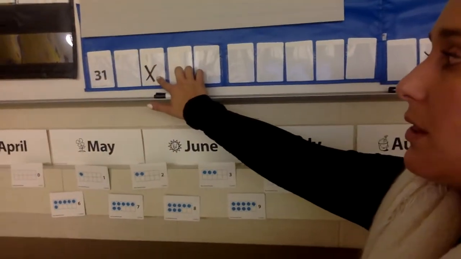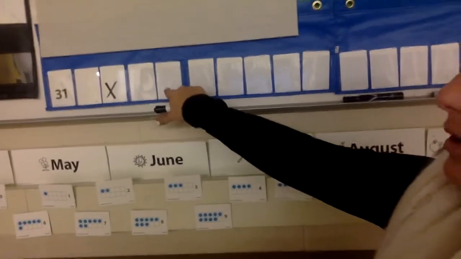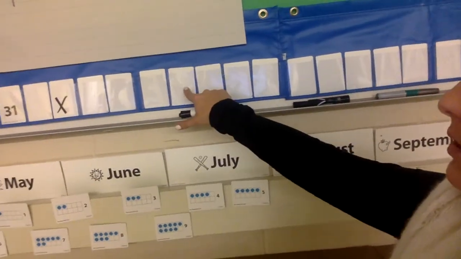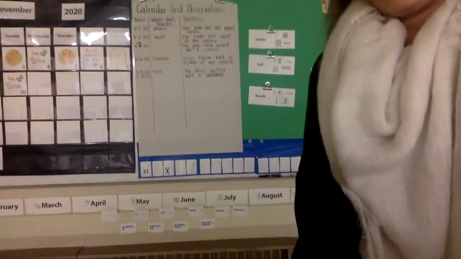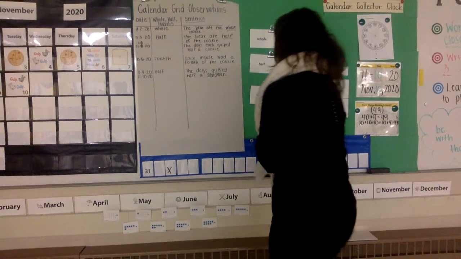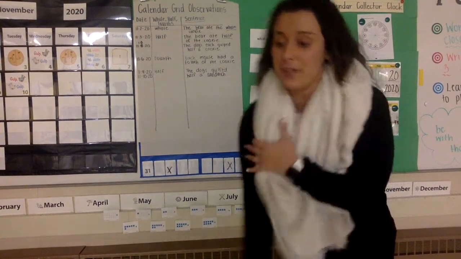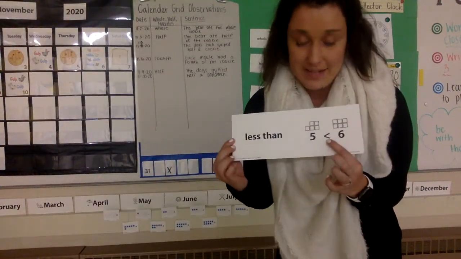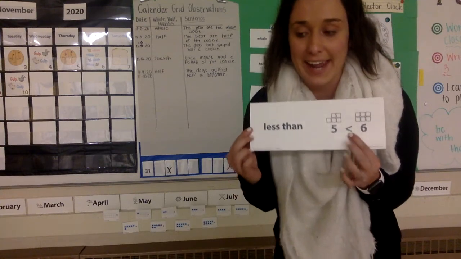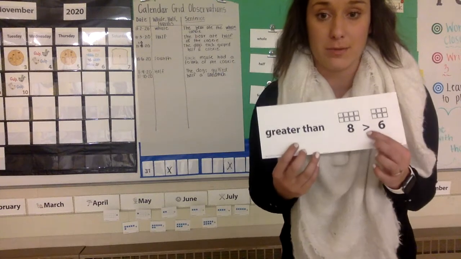We know this is 33, so count with me. 33, 34, 35, 36, 37, 38. And I am going to tell you that my number is less than, look at my sign, less than 38, but it is greater than 33.